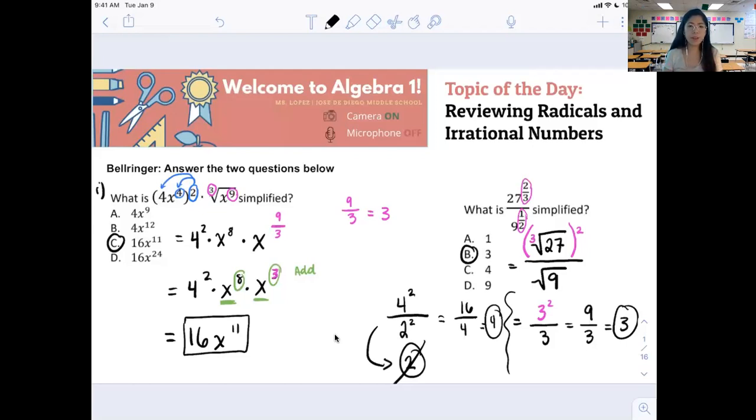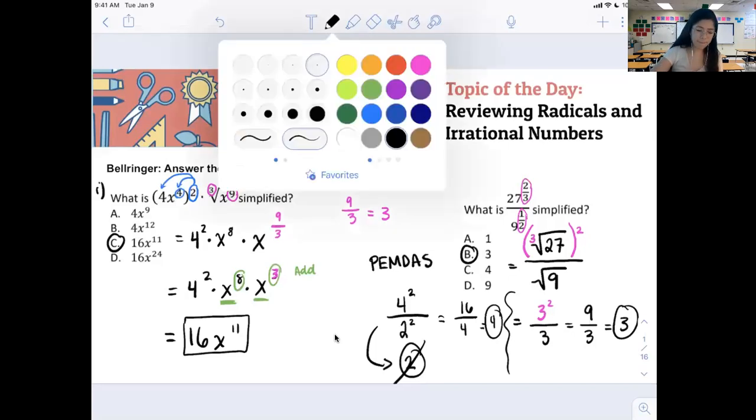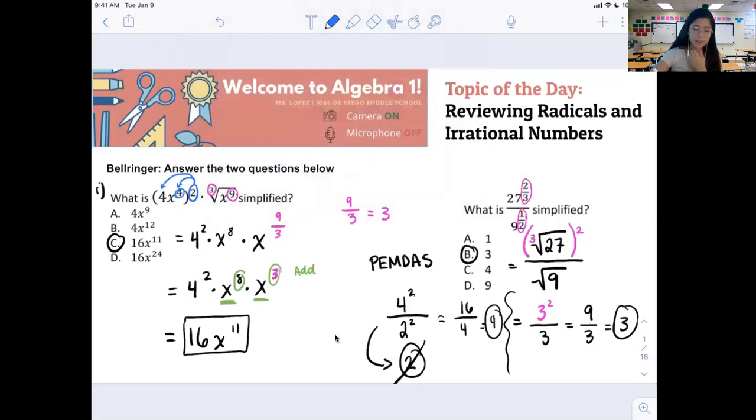And you know what, that actually comes all back to our good friend PEMDAS. What does PEMDAS say you have to do before dividing? Multiplication. Even before that? Exponent.